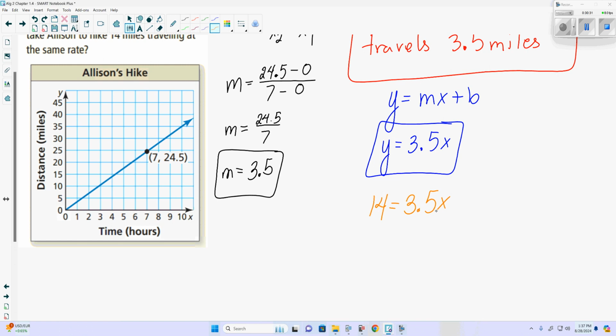Now since miles is our distance, we're going to plug it in for y. Last thing we need to do is divide 14 by 3.5. We're dividing both sides by 3.5.